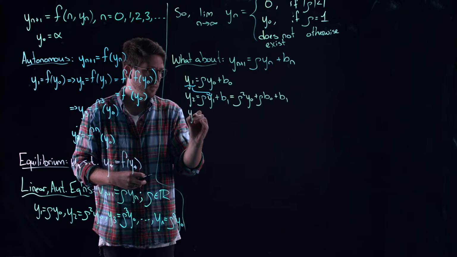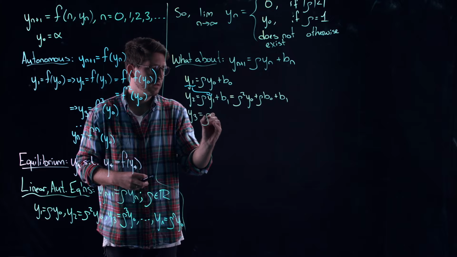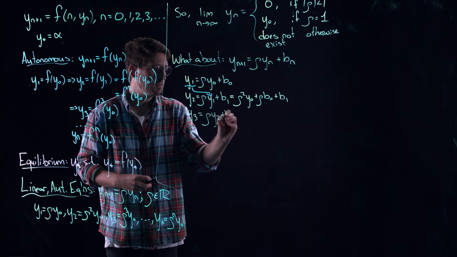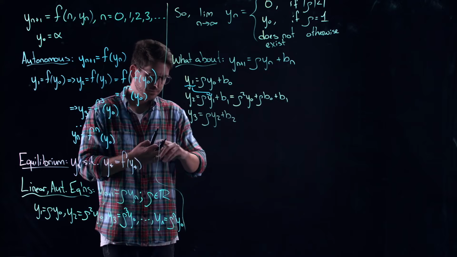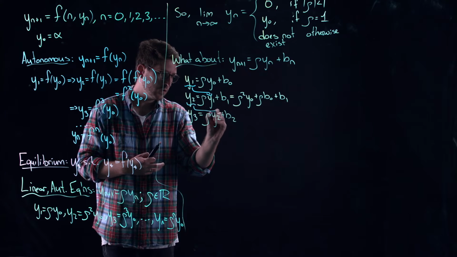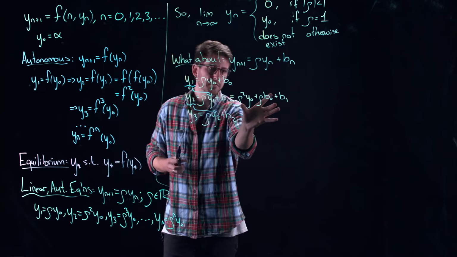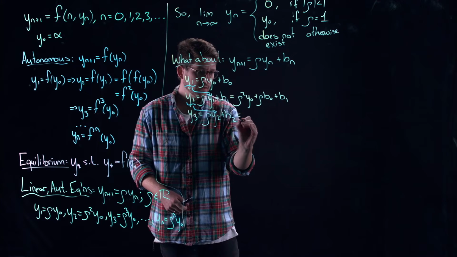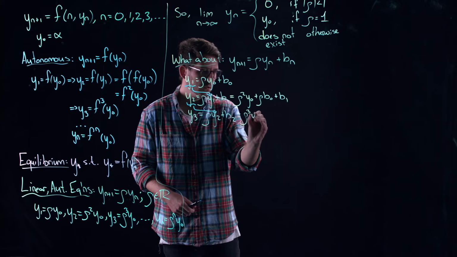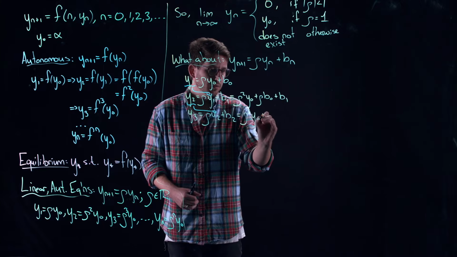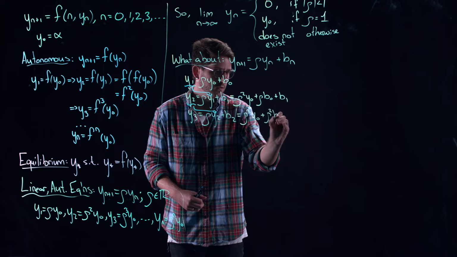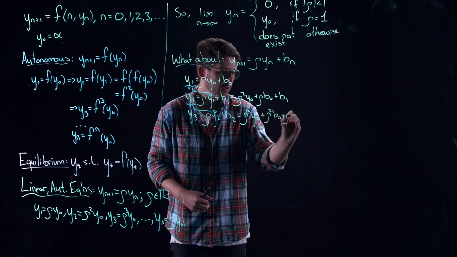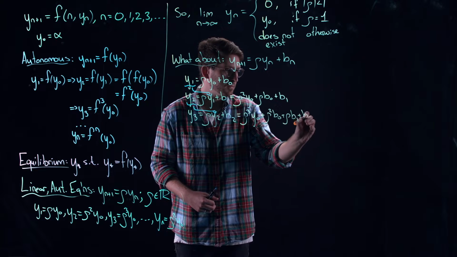Okay, I'm not sure I'm seeing a pattern. Let's keep going. y3 is rho y2 plus b2. Again, here's my y2. Let's put it in. And in fact, I'm going to use this piece right here. Well, here I get rho cubed y0 plus rho squared b0 plus rho b1 plus b2.